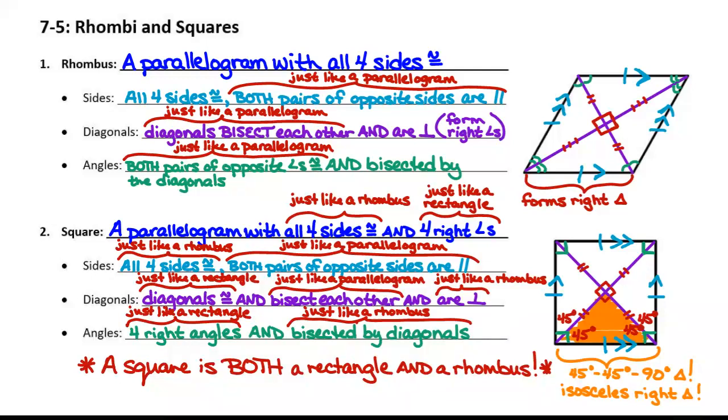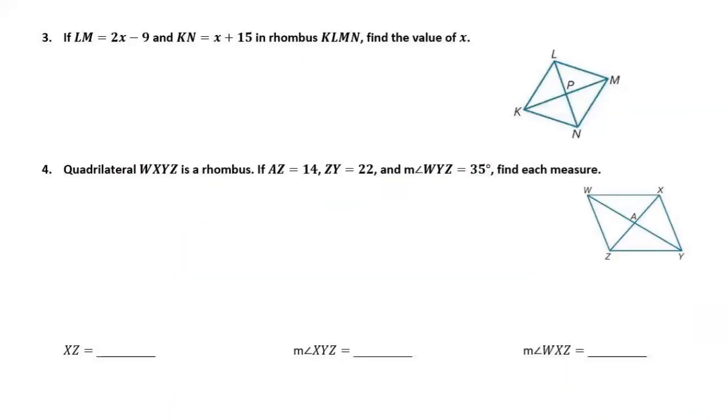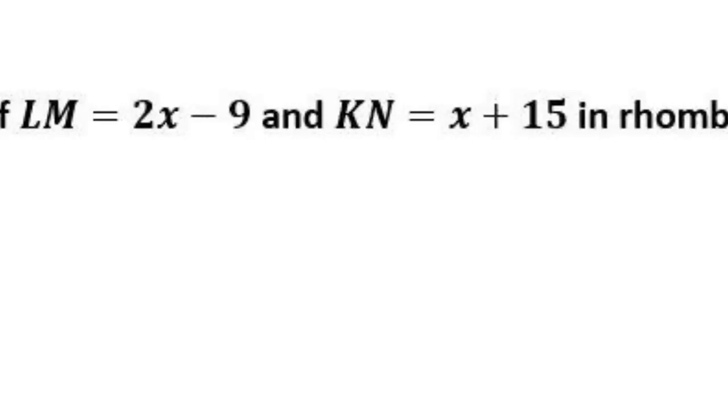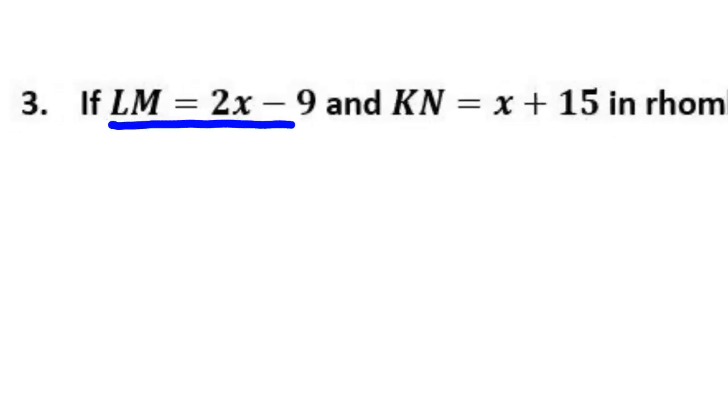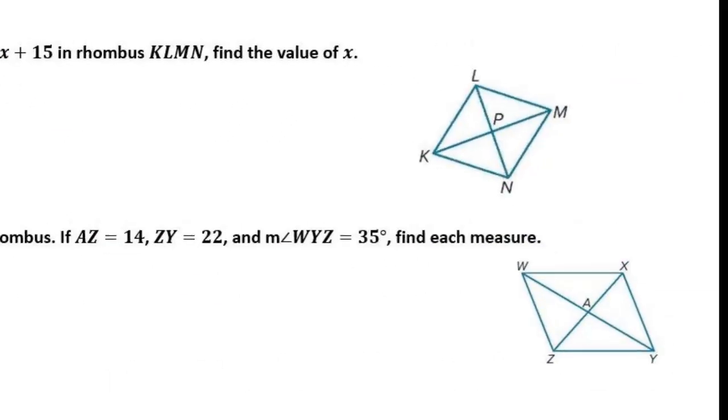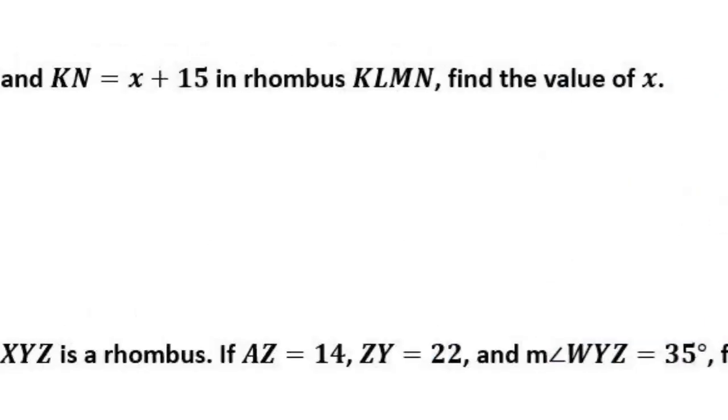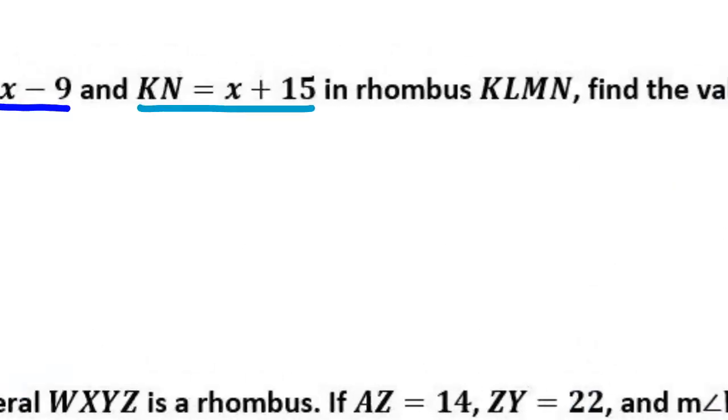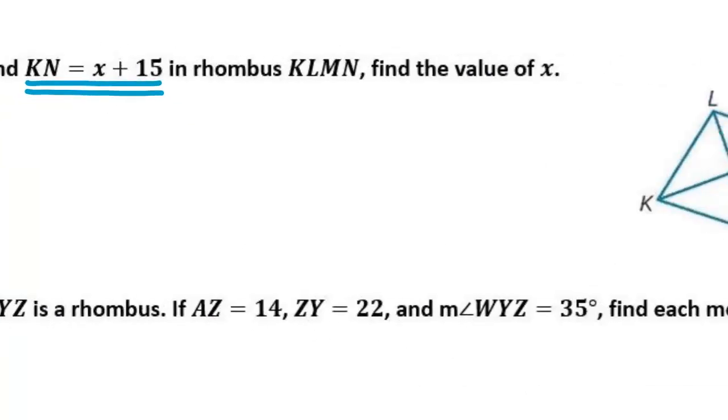Let's go ahead and look at example number 3 together. In example number 3, they tell me that segment LM is 2x minus 9. And they tell me that segment KN is x plus 15.